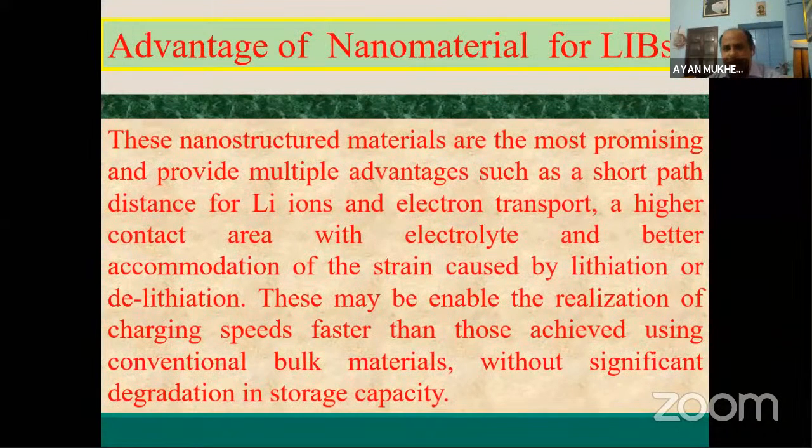So nanomaterial is very much advantageous for lithium ion batteries as it increases the electron transport capacity and contact area. As we know, when surface area increases, the contact between the ion and the surface of the cathode or anode increases. This enables the realization that charging is done faster than in conventional batteries.